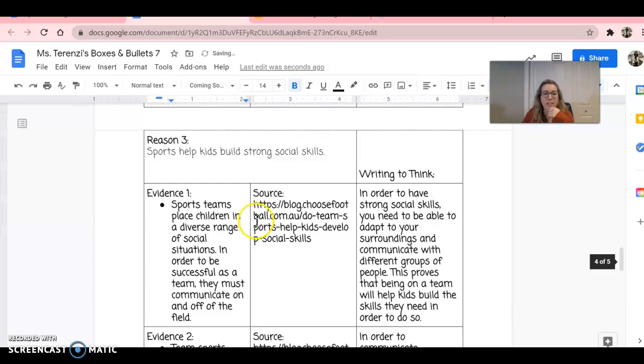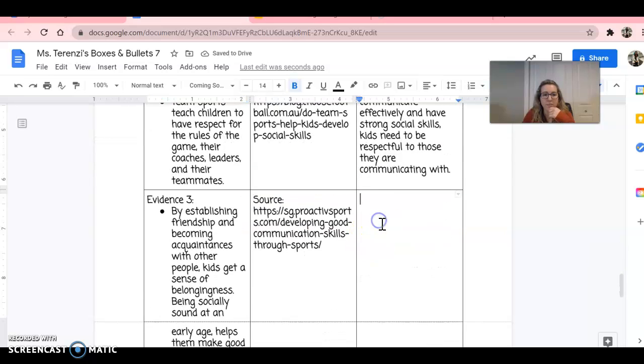So how does this relate back to strong social skills? Well, being on a team, actually I'm going to start it off with a sentence starter. This shows that being on a team provides kids with a sense of community. I'm referring back to this belongingness. They're a part of a community. Actually, I feel like that might even be a little bit too repetitive. I've already said that.